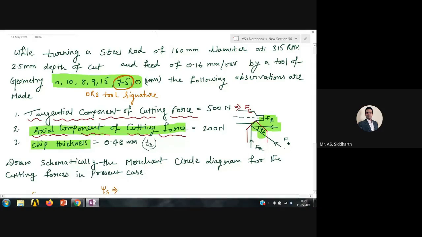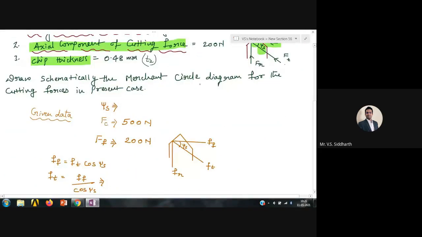This angle, if it is less than 35 degrees, then it is the side cutting edge angle. But if it is more than 35 degrees and less than 90 degrees, then it is lambda, which is the principal cutting edge angle. So this is lambda actually. So you have to calculate this into psi s. As lambda is given as 75, psi s you have to calculate as 90 minus 75, which equals 15.